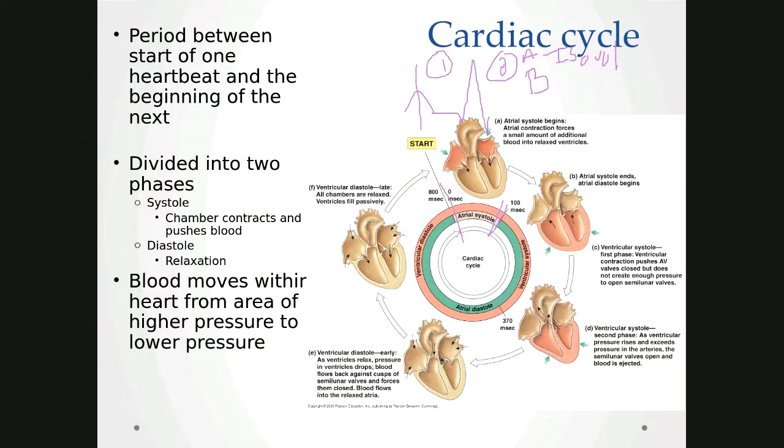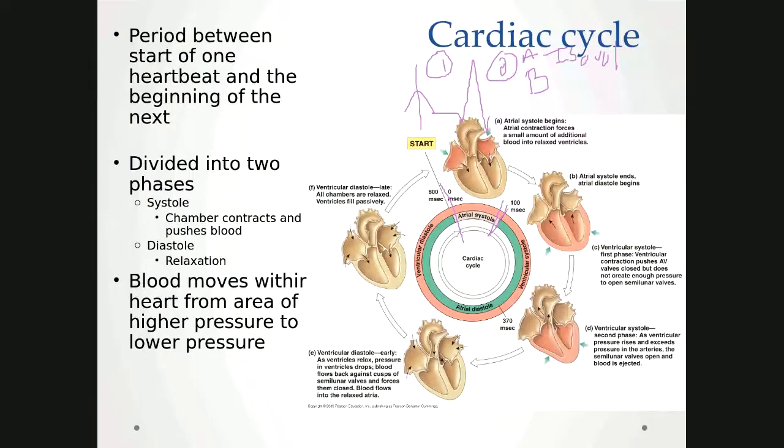So it's iso, meaning it's not changing, volumetric, so the volume is not changing, but I have contraction of the ventricles. Is the ventricle chamber getting smaller? Yes. Are ventricle cells contracting? Yes. But as they're contracting in this small period of time, no volume is coming in and no volume is coming out. The volume of blood in that ventricle at that time is getting squished into a smaller chamber.